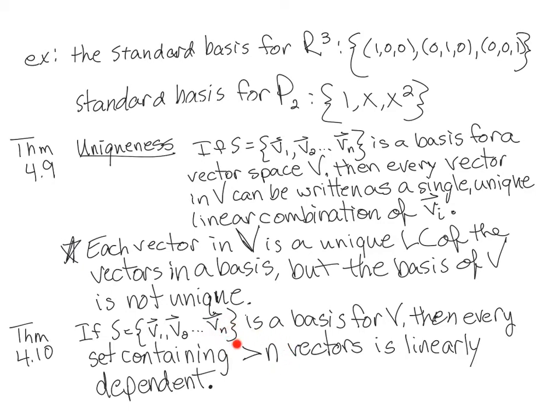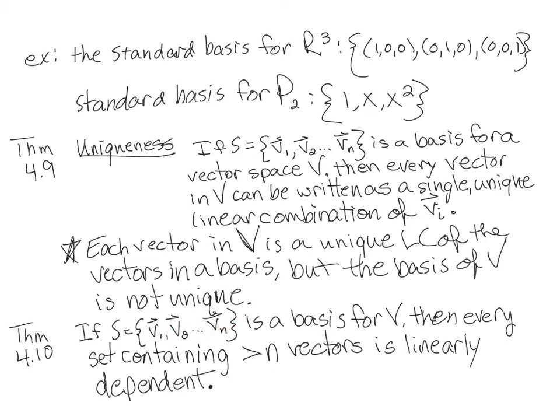If you get another set that spans V but has more than n, then you pull an extra vector out of V and put it in this set, and you know that you're losing your linear independence because this set is a basis.